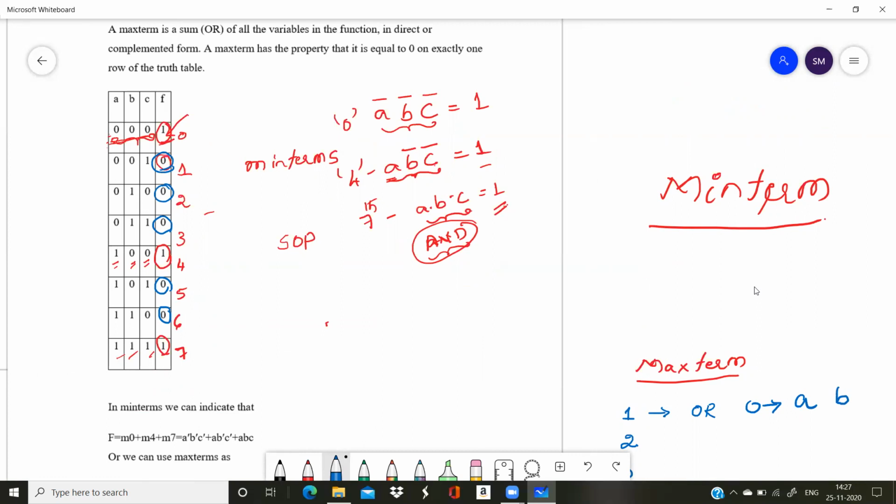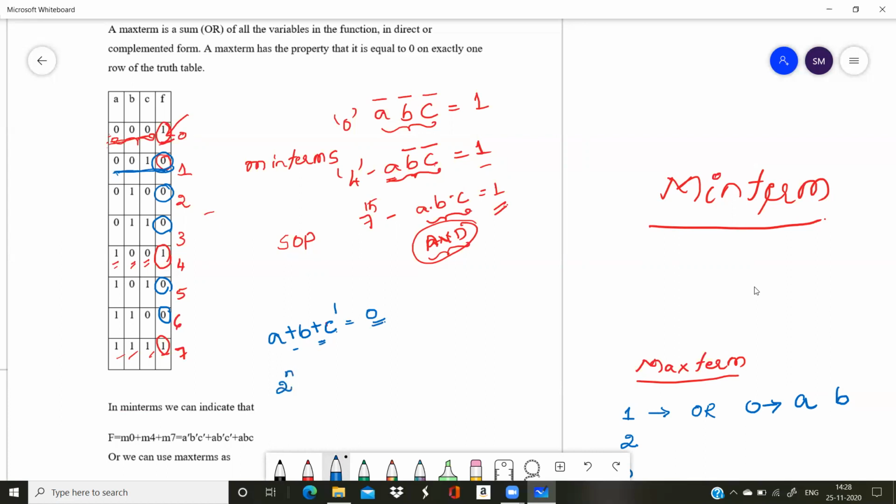Let us write for the first row. A, B and C are the variables. A is 0, write it as it is, and then A plus. B is 0, write B only, B plus. C is 1, write it as complement. So here we are doing the ORing operation between the variables. Now this is equal to 0. This represents the max term.